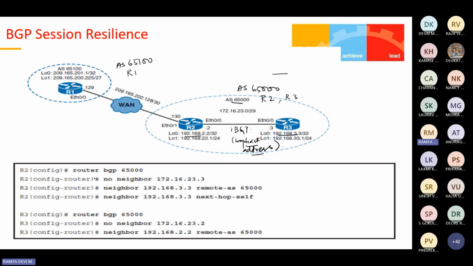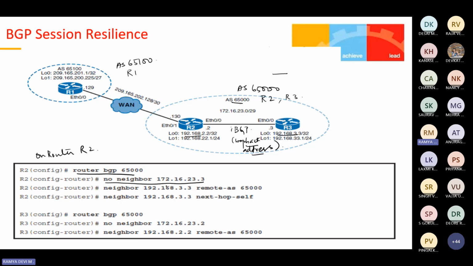In this example, this is the configuration done on router R2. The first one is router bgp 65000. It starts a BGP process under autonomous system number 65000. Then no neighbor 172.16.23.3, which removes the old neighbor configuration.